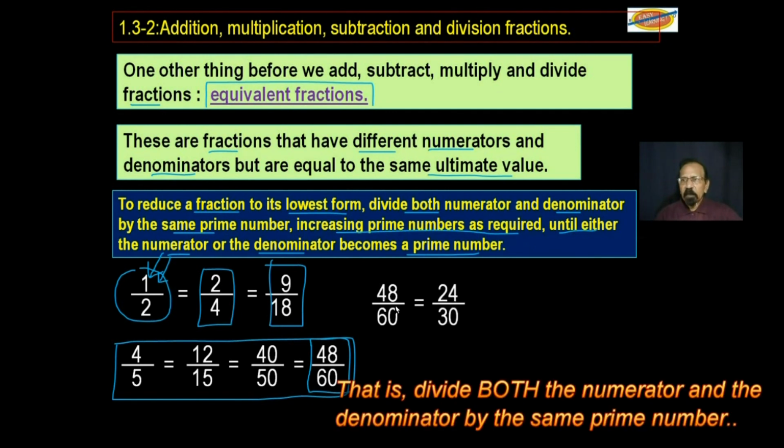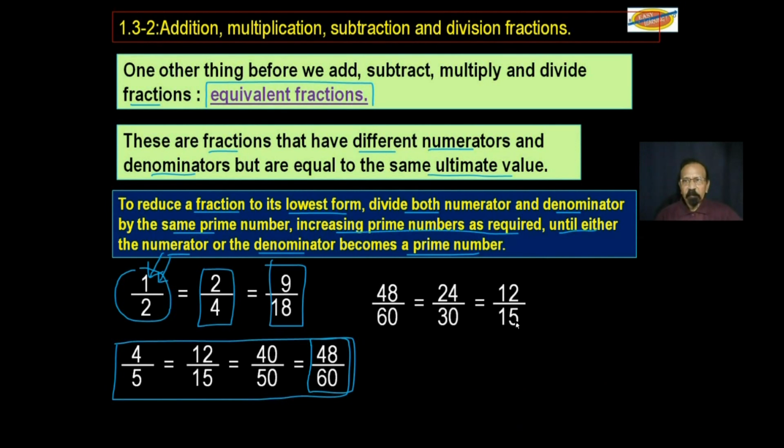If we divide that by 2, we get 24 over 30. If we divide that by 2, we get 12 over 15. Now, obviously, we can't continue dividing by 2 because 2, while it can divide 12, cannot divide 15. So we will try 3. So 3 into 12, 4. 3 into 15, 5.